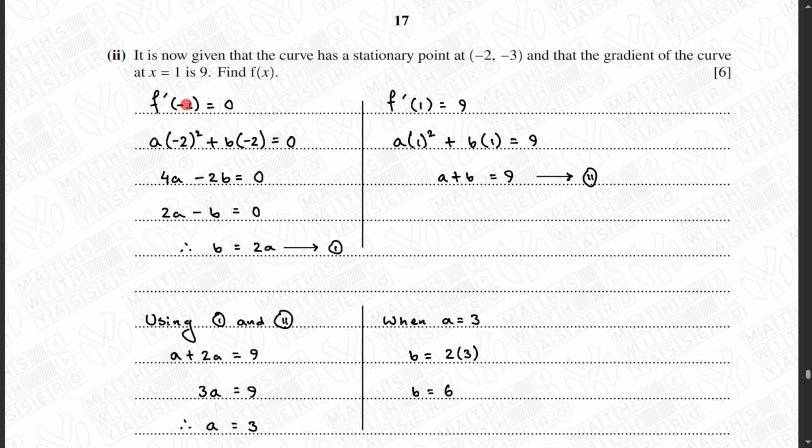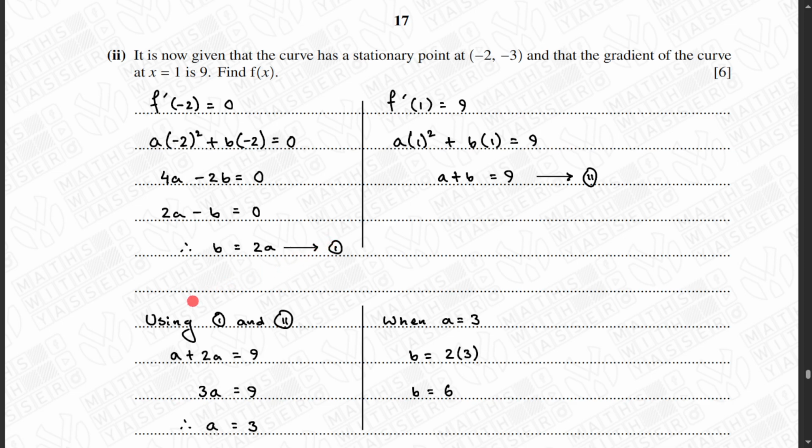We can substitute this value into this equation, and we get a(-2) squared plus b(-2) equals 0. So that will give us 4a minus 2b equals 0. So 2a minus b equals 0. Therefore, b is equal to 2a. Let that be equation 1.